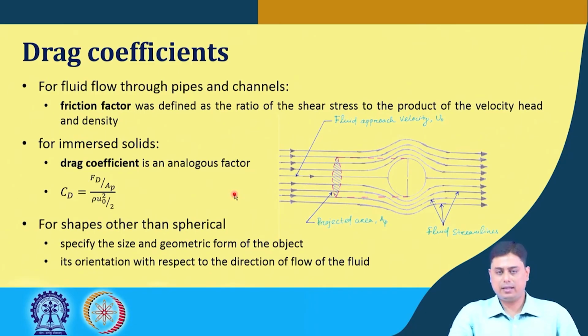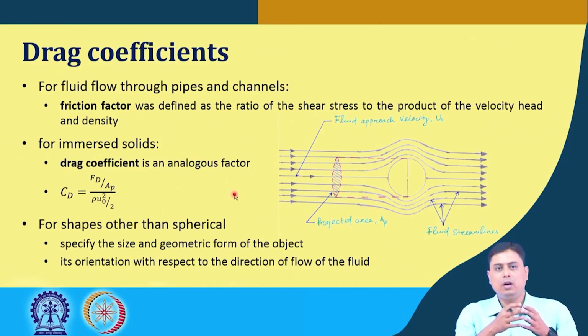Similar to that concept, which was applied when there is flow through a conduit, flow through a pipe, flow over a flat plate, now the scenario is that either the solid is suspended or there is stagnant fluid and the solid particles are moving. So basically the fluid and particle interaction is involved.